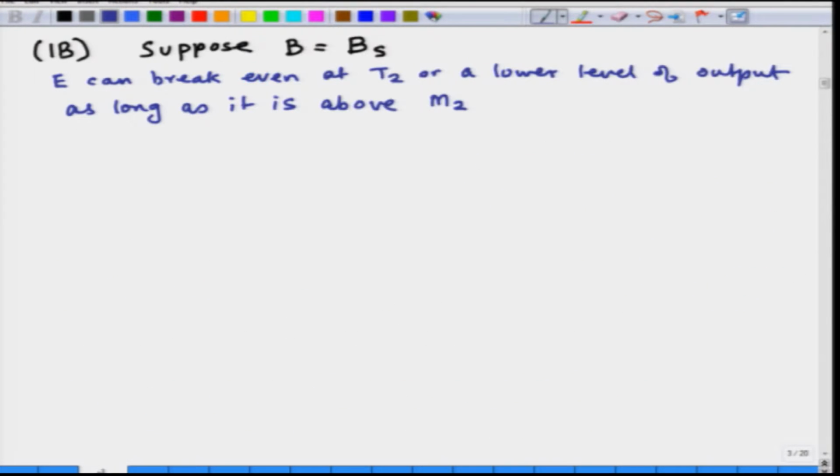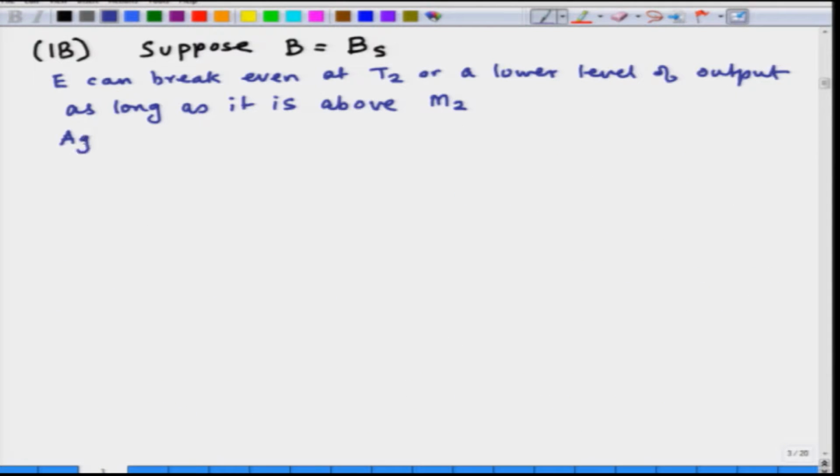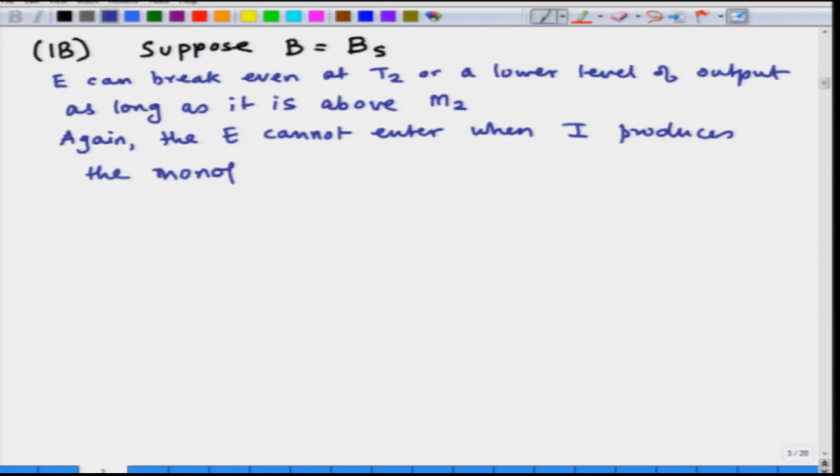Now, even in this case notice that the incumbent will end up choosing a level of capacity which is equal to M1 and will produce an output which is exactly equal to M1. So, here again the entrant cannot enter, when I produces the monopoly level of output.